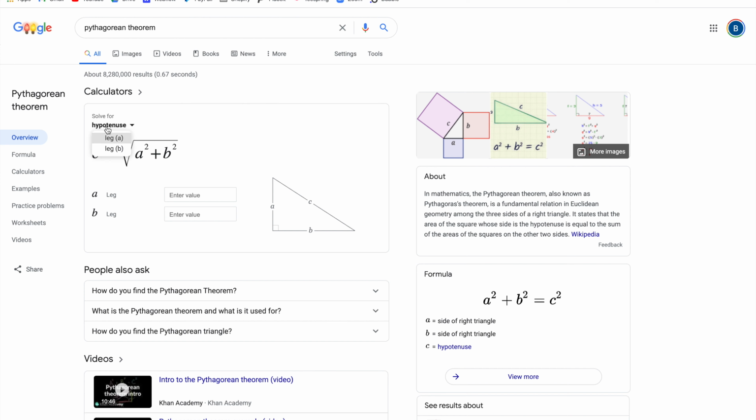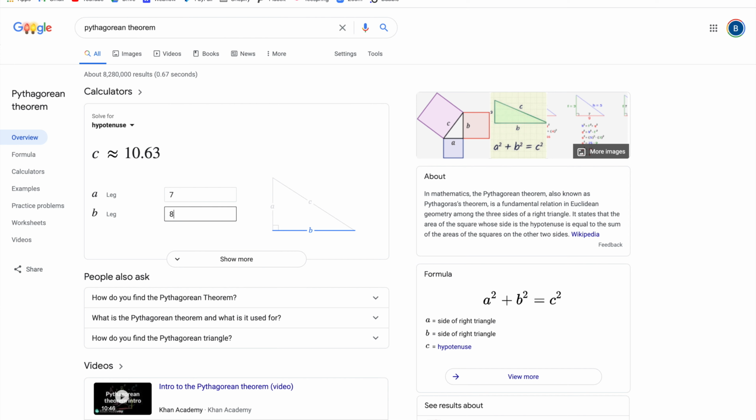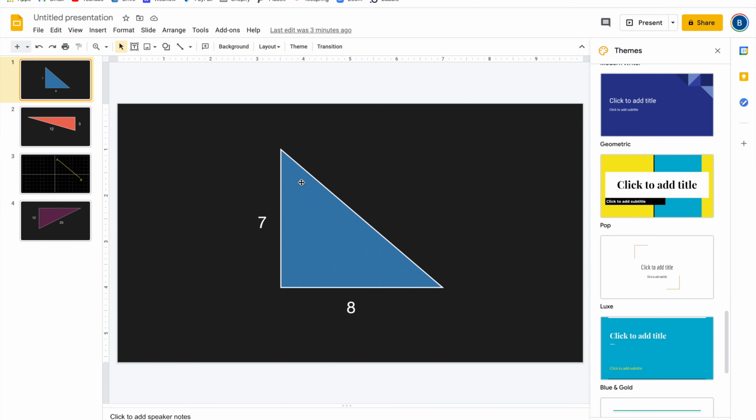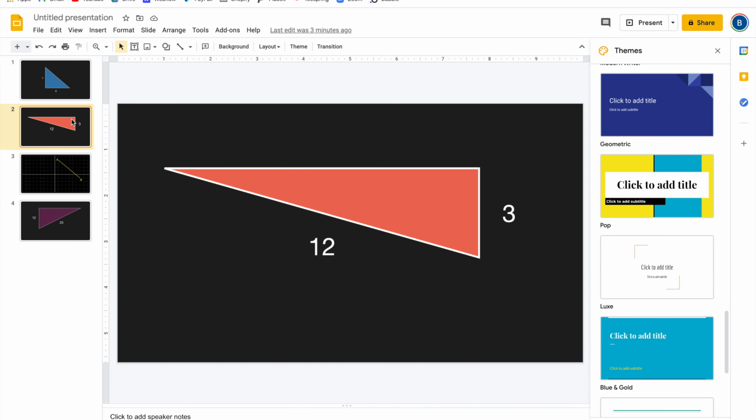We're solving for hypotenuse, but if we're solving for a leg, it doesn't matter which one you pick. But in this case, we're solving for hypotenuse, and the legs were 7 and 8. So our hypotenuse is 10.63 for this first one. So 10.63 right here.